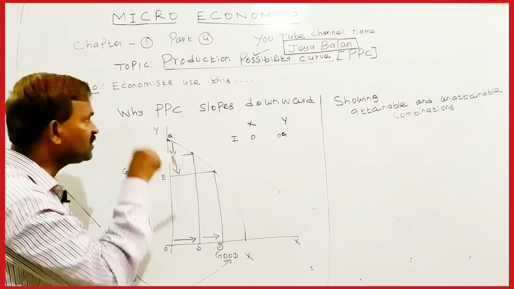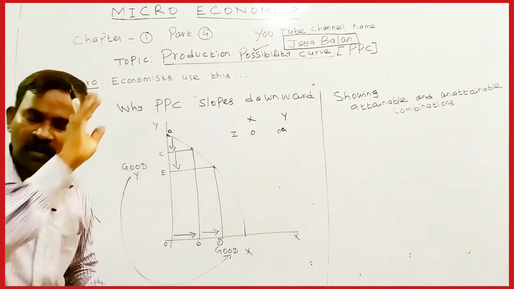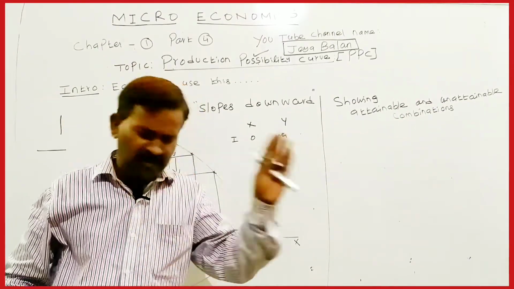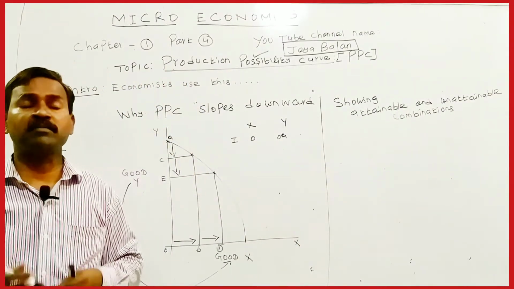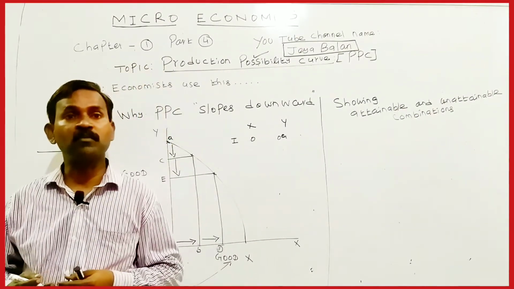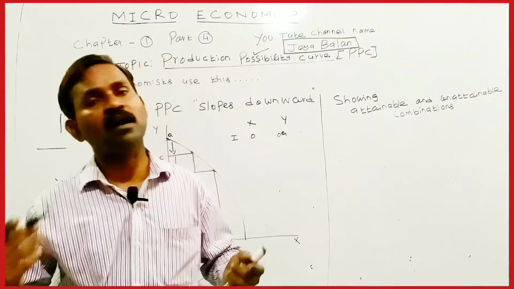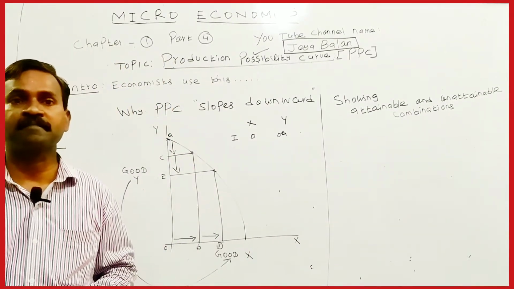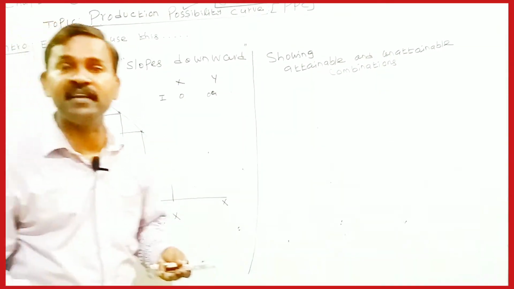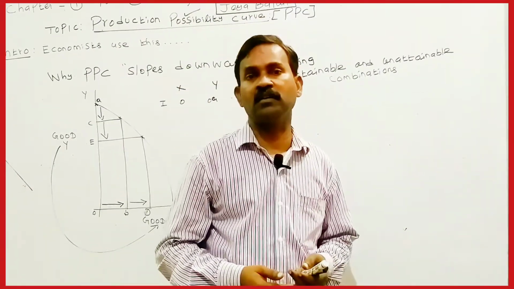It is because of this reason that the production possibility curve slopes downward. Students, this is very important from the understanding point of this concept PPC, from your examination point of view and for preparing yourself for higher studies. You all have understood the reason behind why PPC slopes downward.